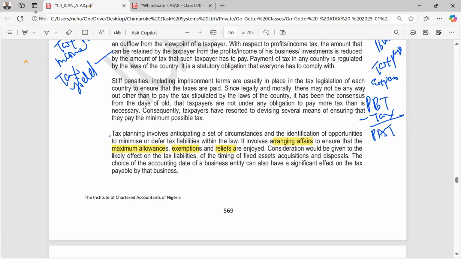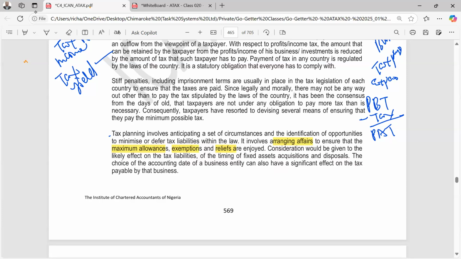Then we also have the choice of accounting date of the business entity. There are some accounting dates when you are starting your business that will affect your assessable profit and your taxable profit.